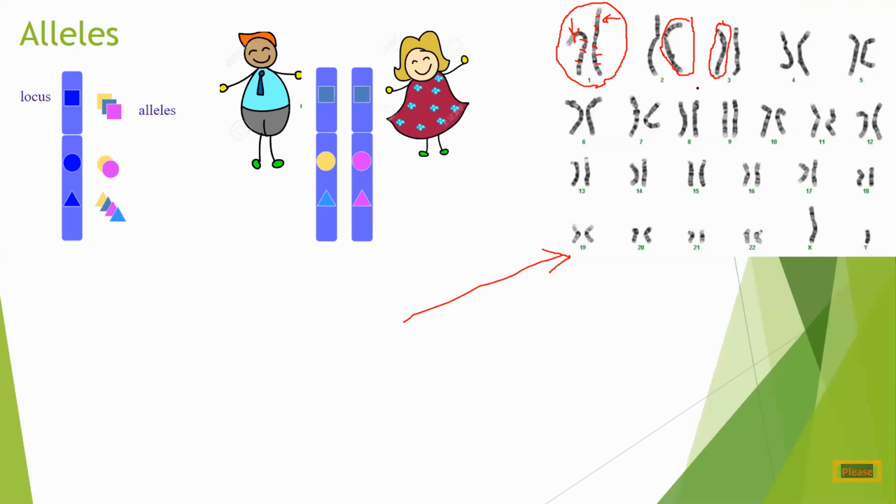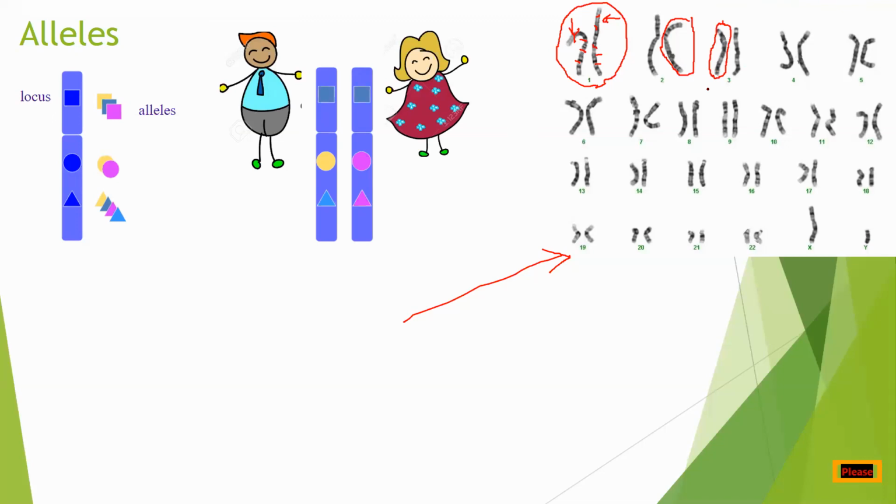So these two chromosomes are non-homologous chromosomes because they carry totally different genes. Do you agree? Yes. Okay, so I hope I answered the question. This is how you tell the difference between homologous chromosomes and non-homologous chromosomes.